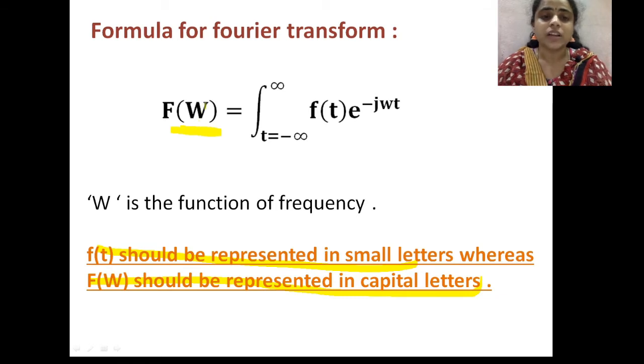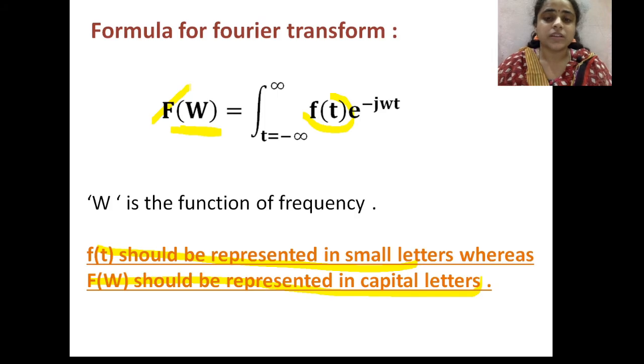Because of that, we have to show some distinction between time domain and frequency domain. Both in analog and discrete we are going to use the same convention: small representation for time domain and capital representation for frequency domain.